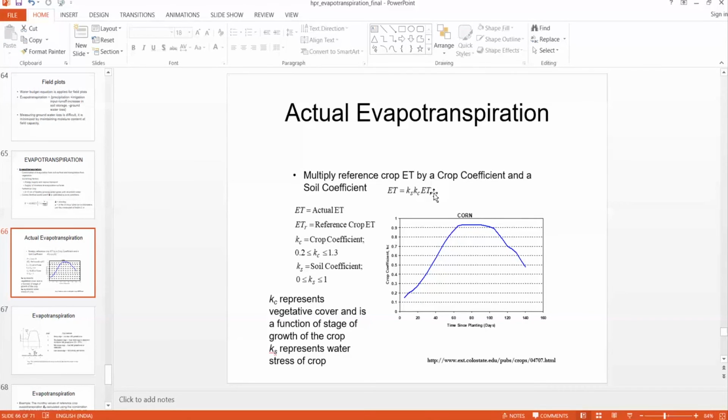Generally, ETR is calculated for grass, because our earth we can divide into three regions: tropical, polar, and some other regions. For the same grass, the ET value will be different in these three locations. ETR will be different in three locations, and we also have three seasons: rainy season, summer season, and winter season.